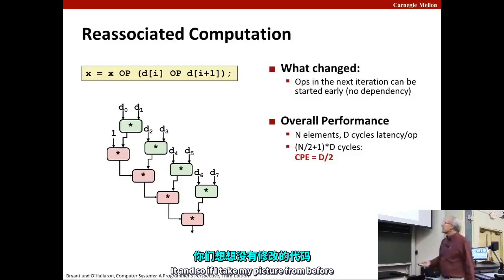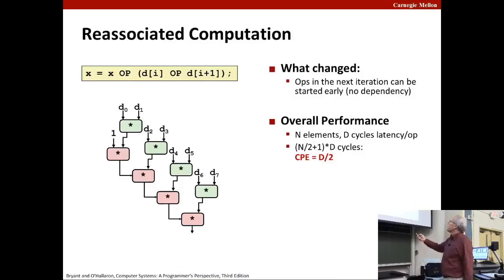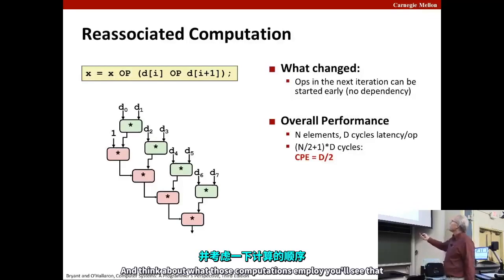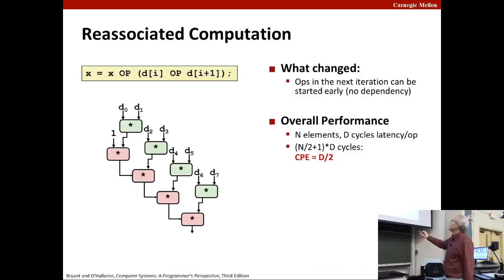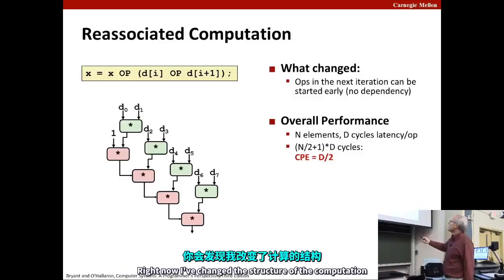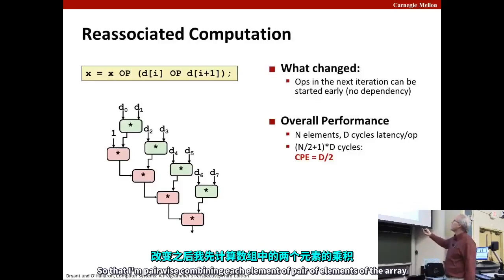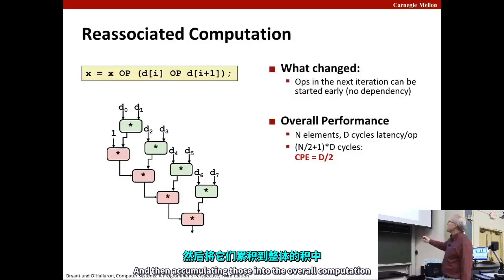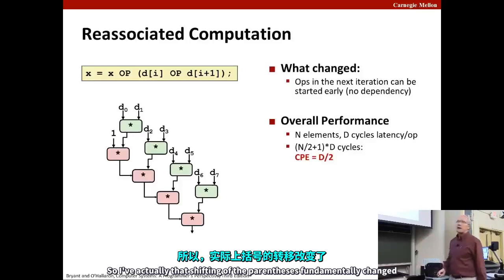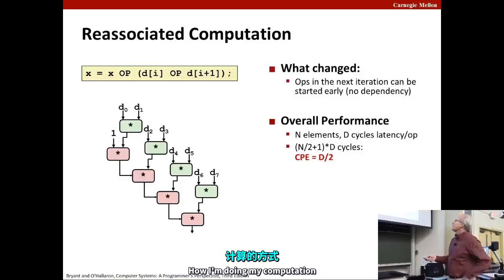If I take my picture from before and think about what those computations imply, you'll see that I've changed the structure of the computation so that I'm pairwise combining each pair of elements of the array and then accumulating those into the overall computation. That shifting of the parentheses fundamentally changed how I'm doing my computation.